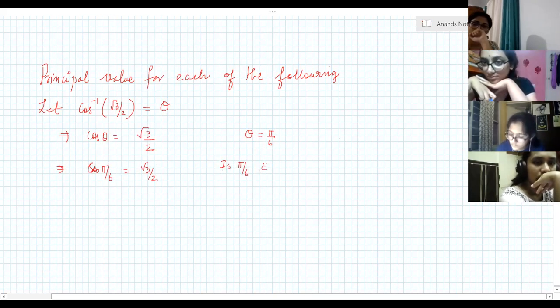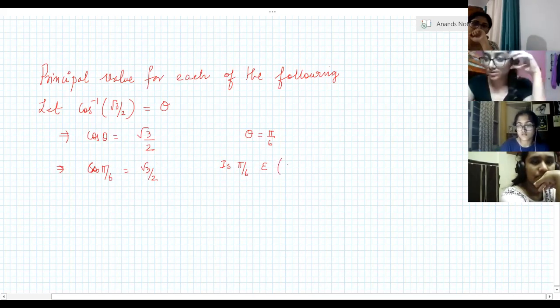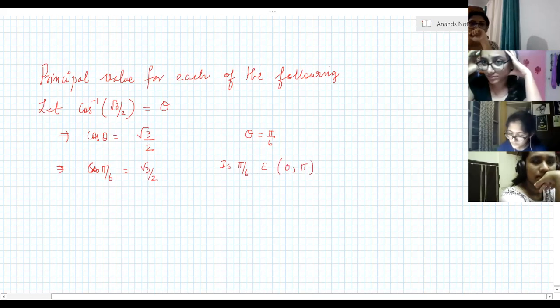What was it for cos inverse? It is between 0 to pi, isn't it? This 0 to pi means 0 to 180. Pi by 6 is nothing but 30 degrees. Yes, 30 falls between 0 and 180. So whatever angle we got, pi by 6, is indeed the principal value.